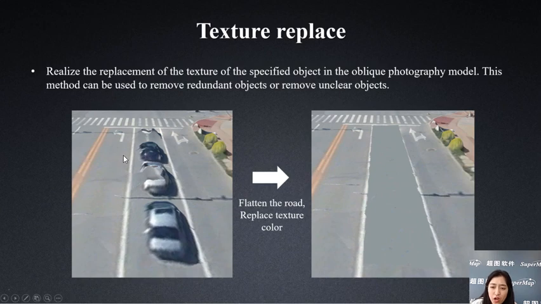You only need to draw a polygon in the area you want to replace, and edit the polygon range while drawing to ensure the accuracy of the flattened polygon, so that the oblique photographic data located in this polygon area is flattened into a plane, and finally the 3D model symbol.